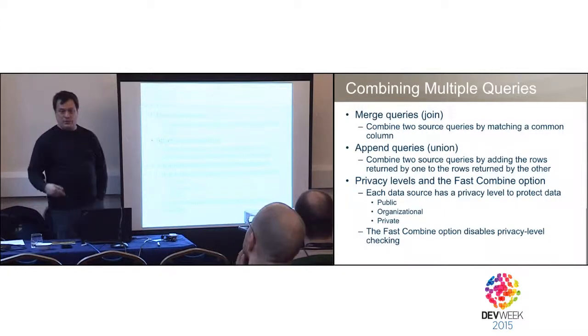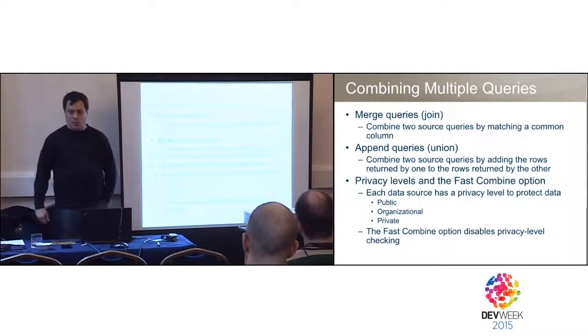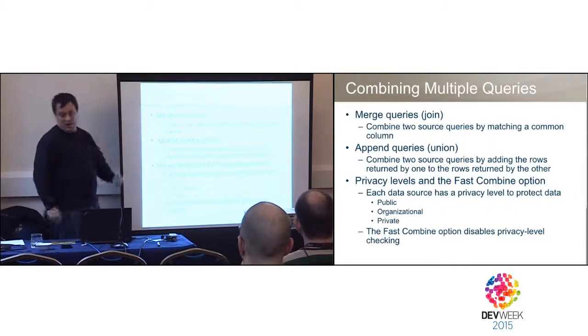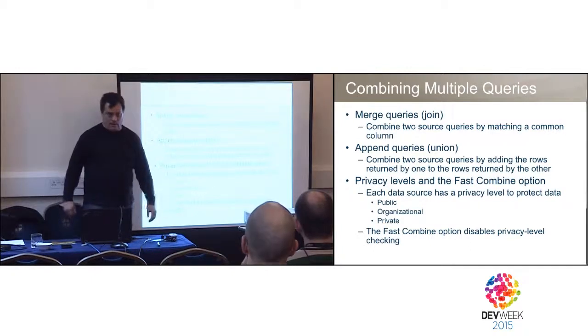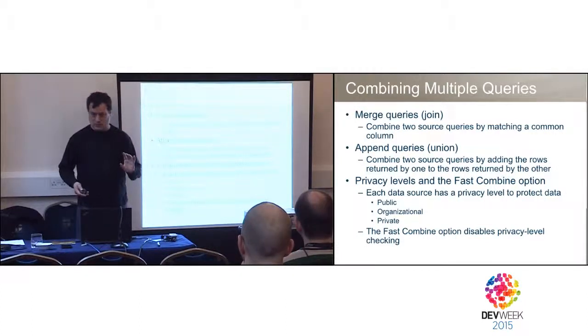Or organizational means only to people that log in with username from the same domain, not local users, for example. Or of course private, it means it's only yours. Anyway, this is just the security for usage of data sources.